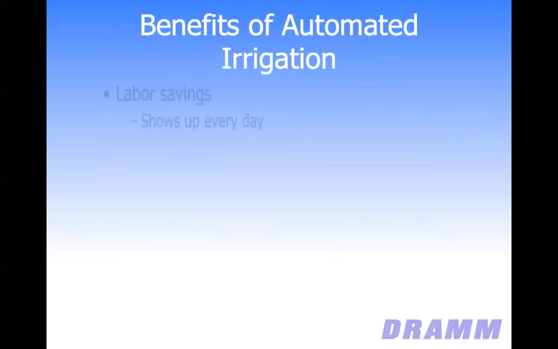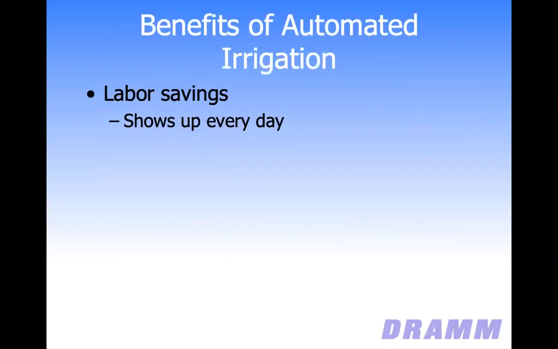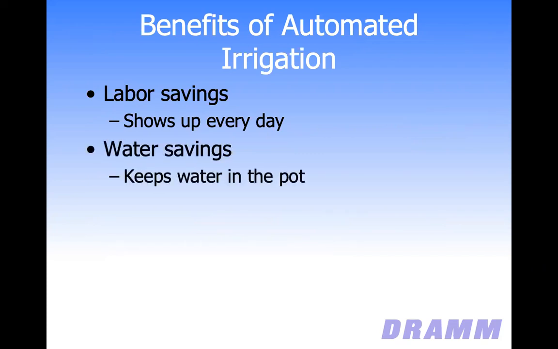The benefits of automated irrigation really begin with labor savings. That's kind of where it starts. They show up every day. They do the same thing every day if you tell it to do that. They don't call off. They don't water one way on a Tuesday and another way on a Saturday. So they're meant to work just the same way all day, every day, the way you set it up.